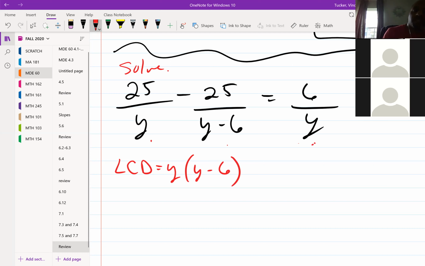I wouldn't use this extra y because I already used it over here. So you're just using each one of your different factors. And then I'm going to multiply this LCD to each numerator. Matter of fact, I'll make that red.